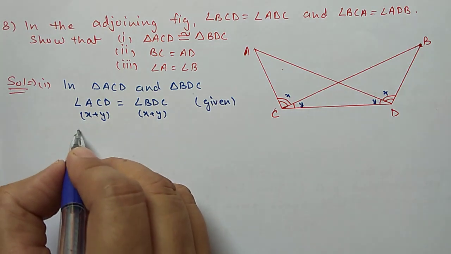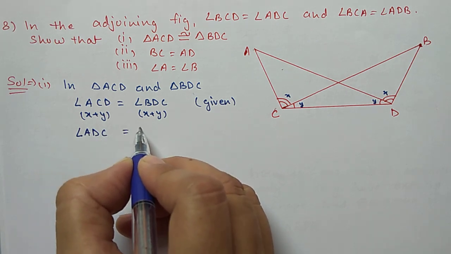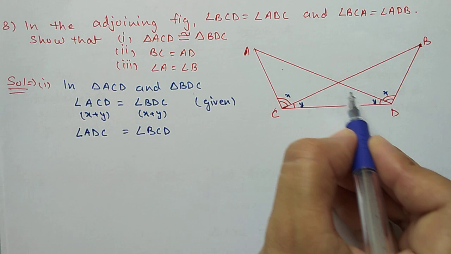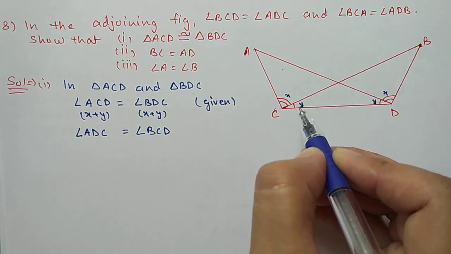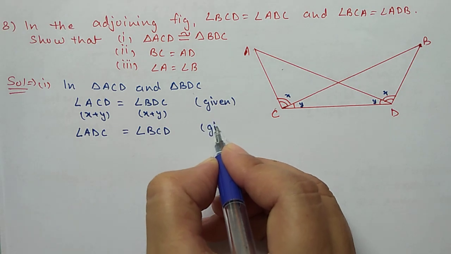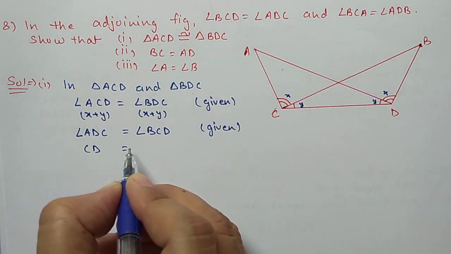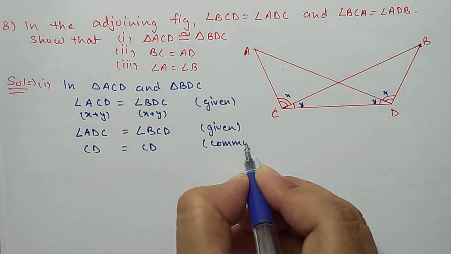Second, we can take angle ADC is equal to angle BCD. ACD means this angle Y is equal to Y. This is also given in the question. Third, we can take CD is equal to CD. This side is common for both the triangles.